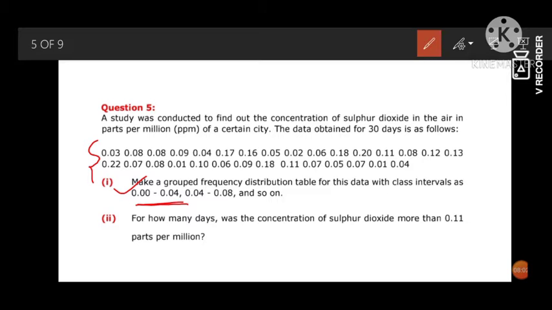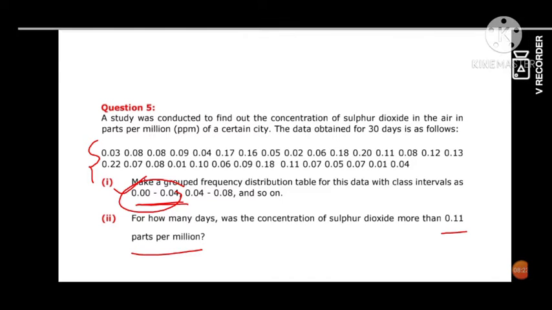How many days was the concentration of sulfur dioxide more than 0.11 parts per million? So first we have to make a grouped frequency distribution table of this class interval. It's starting from 0. So the first class interval will be 0.00 to 0.04.